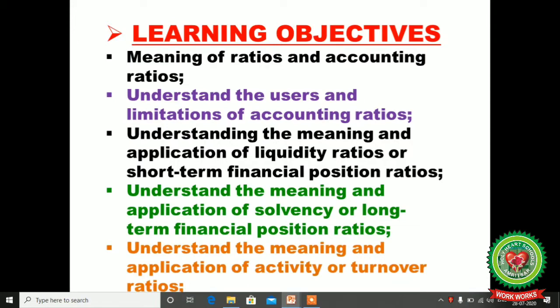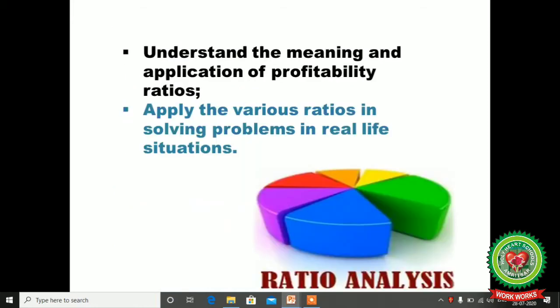Understand the meaning and application of solvency or long-term financial position ratio. Understand the meaning and application of activity or turnover ratio. Understand the meaning and application of profitability ratio. Apply the various ratios in solving the problems in real life situations.